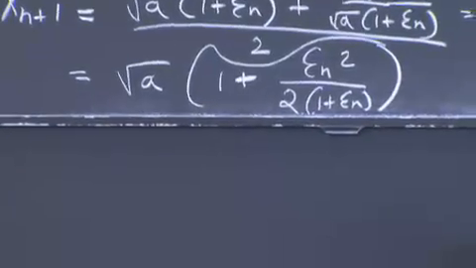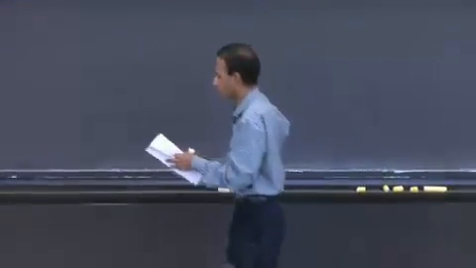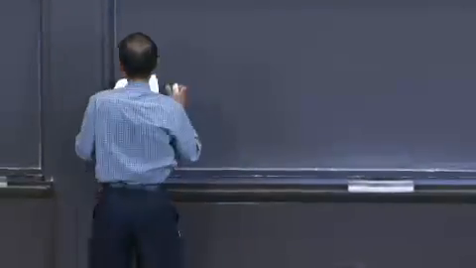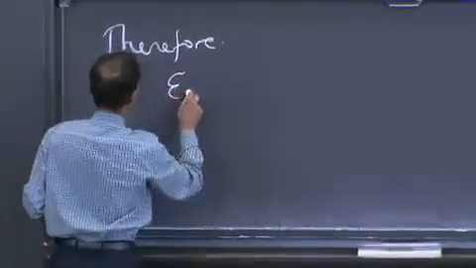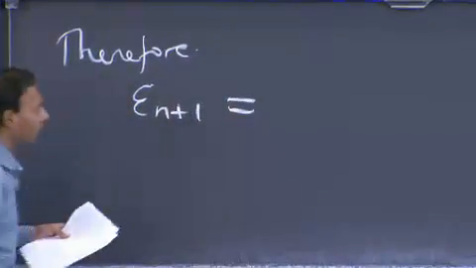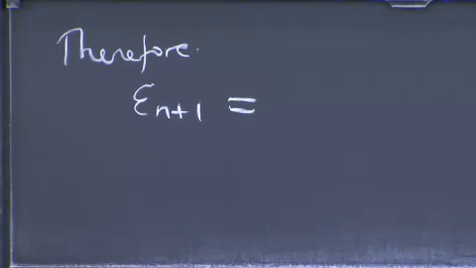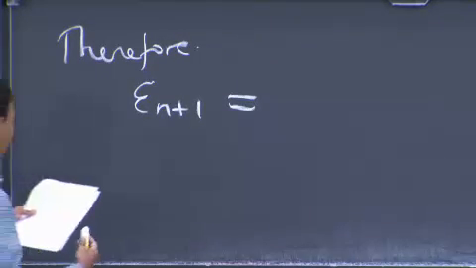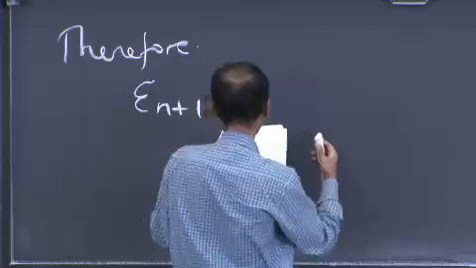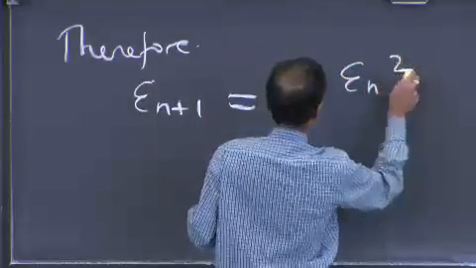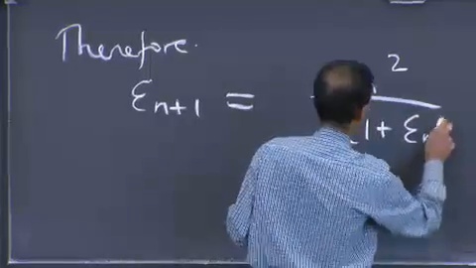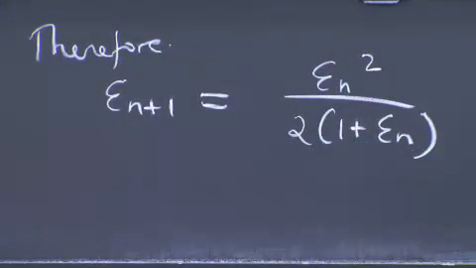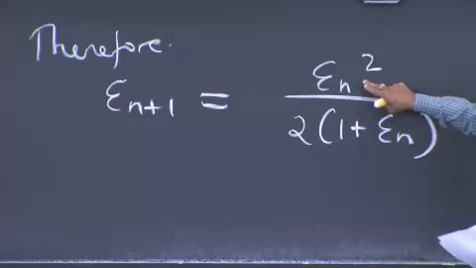So what do we have here in terms of the overall observation for epsilon n plus 1, which is the error in the n plus 1th iteration, given that you have an epsilon n error in the nth iteration, you have a relationship like so, where epsilon n plus 1 is related to epsilon n whole square.